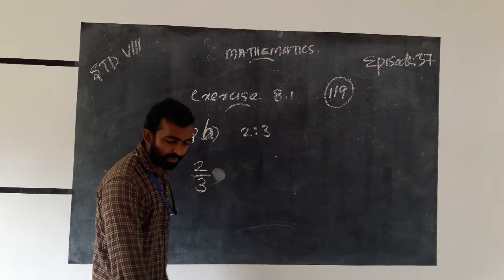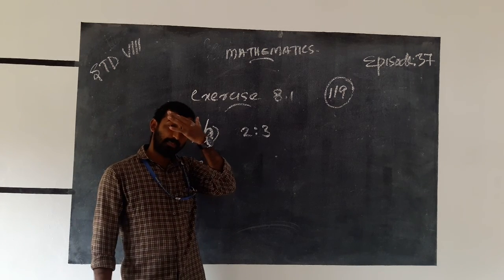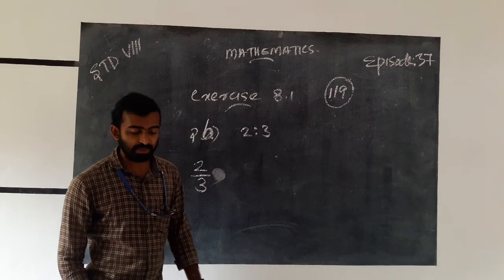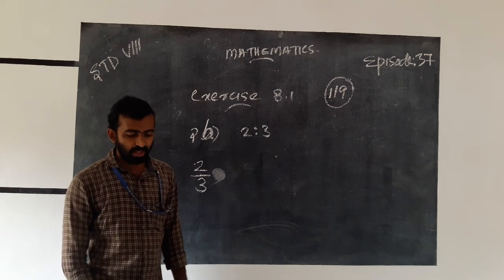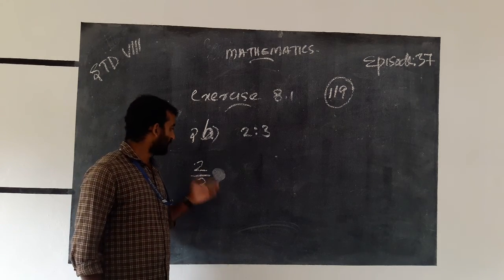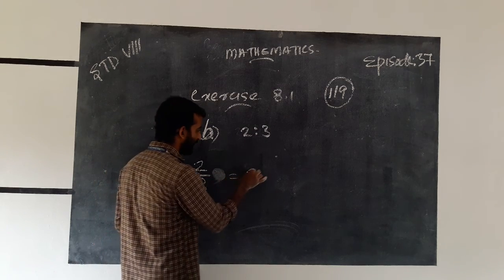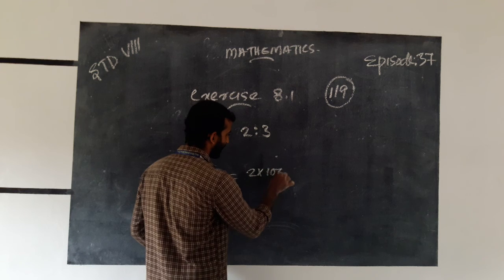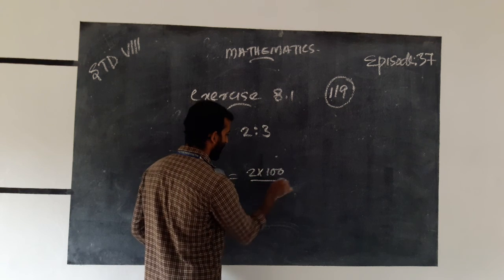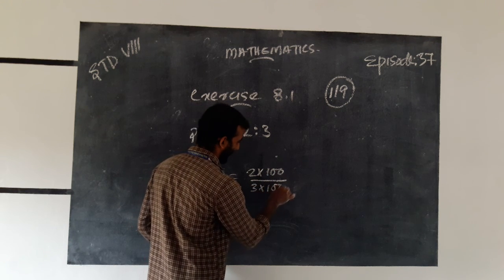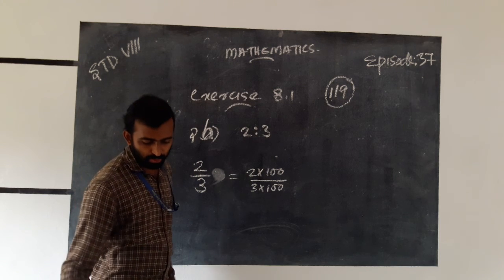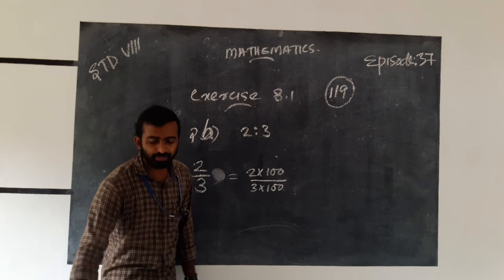Which number can we multiply by to get 100? So we convert into 100. That is, we multiply 2 into 100 by 3 into 100.